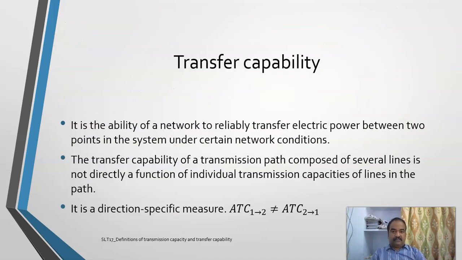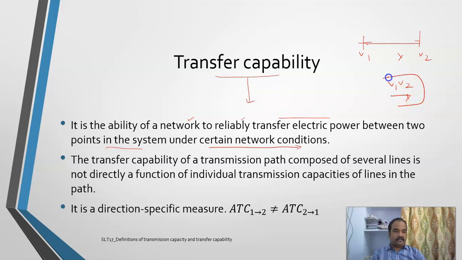Now, transfer capability in detail. See, it is the ability of the network to reliably transfer electric power between two points in the system under certain network conditions. So, it depends upon the demand. Let us suppose I have V1 and V2, and V1 V2 by X is my maximum allowed transfer capability.